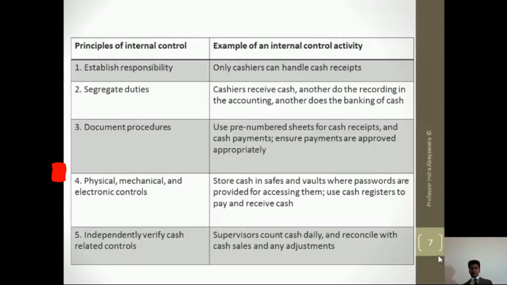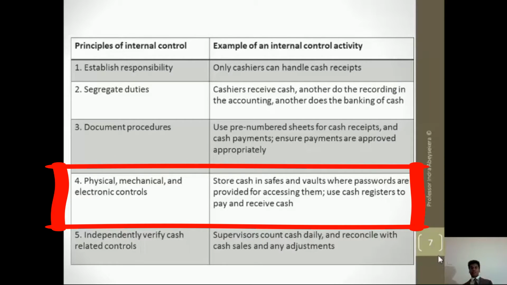The fourth principle is the physical, mechanical, and electronic controls. For instance, the cash should be stored in safes and vaults, and they can be opened and accessed with passwords only.